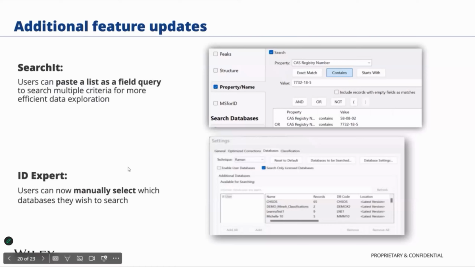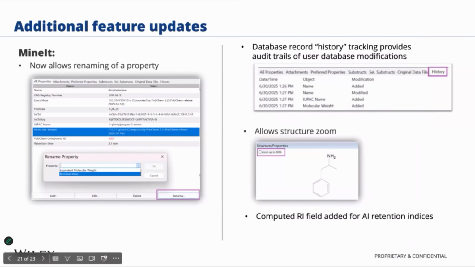For ID Expert, we allow people to use manually selected databases to perform a quick search. Before that, as you know, we would only use the entire data collection. For MindIt, if you build databases, you may be interested in this. You can change a property of data into another property.